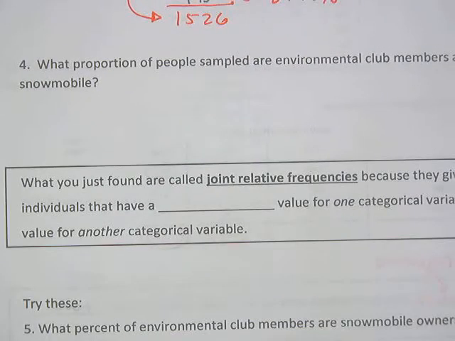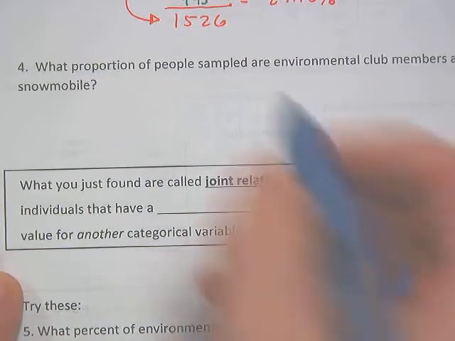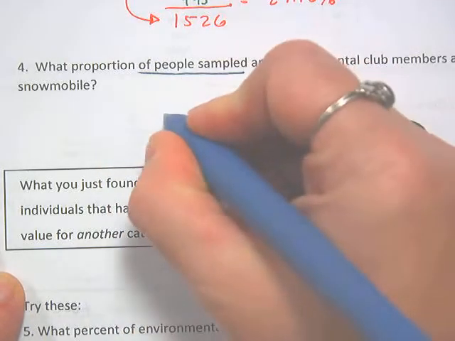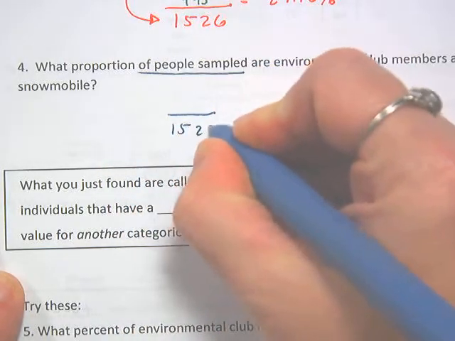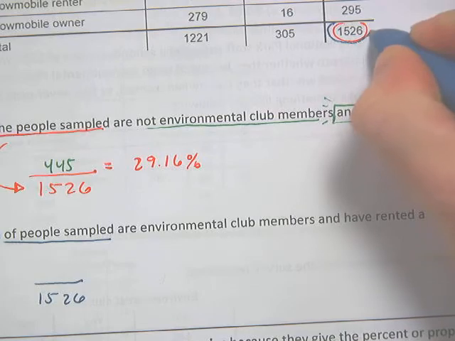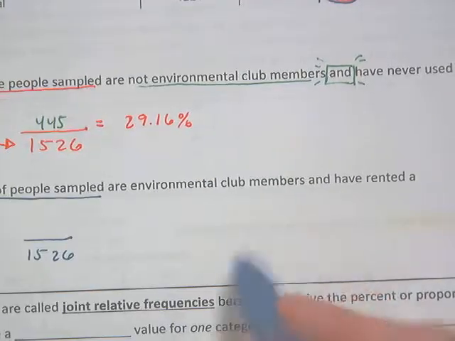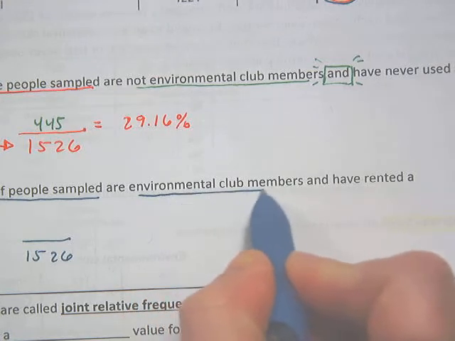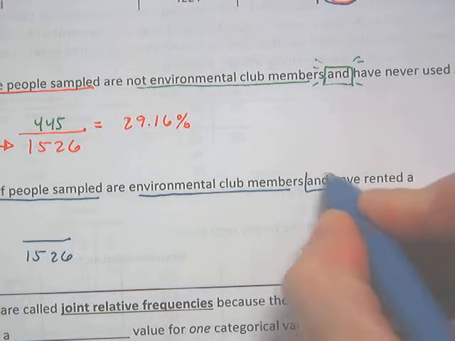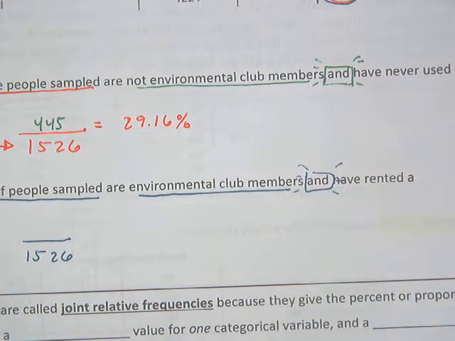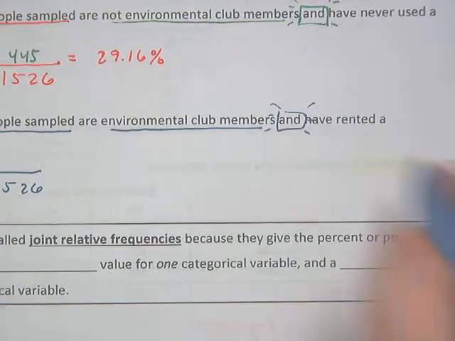Okay, number 4. What proportion of people sampled, so we've still got that denominator, 1,526, so of everybody sampled, are environmental club members, so they're in the yes column, and they have rented a snowmobile.